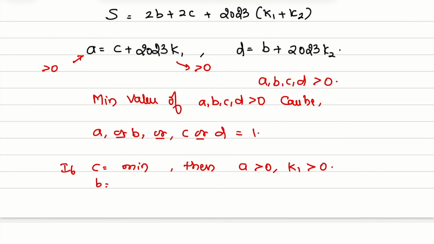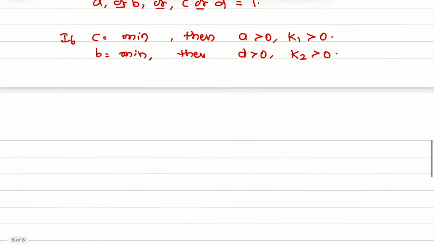Similarly, if b is equal to minimum, then d to be greater than 0, k2 should be greater than 0. That means k1, k2 both are to be greater than 0, and a, b, c, d to be greater than 0.